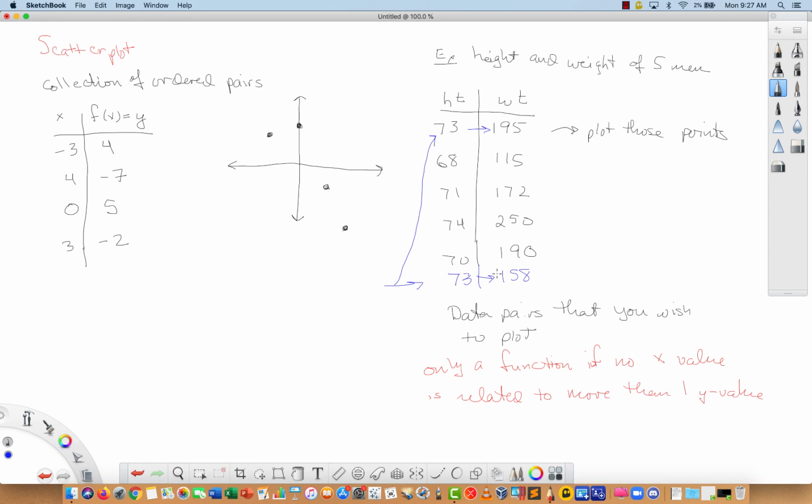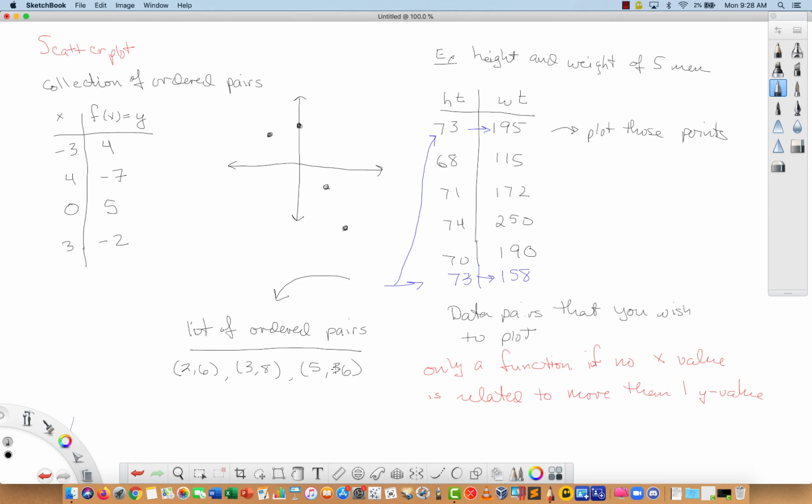All right, the same kind of idea can manifest instead of being in a table and using a scatter plot. You could also be given a list of ordered pairs. For instance, you might be given 2, 6, 3, 8, and 5, 36.